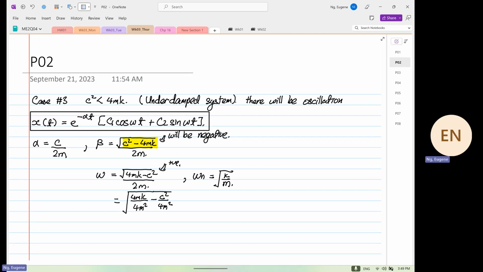I'm going to bring the square root to the denominator. Then I'm going to cancel this, this, this, and this. So what we have now is equal to square root of k over m minus c squared over 4m squared.